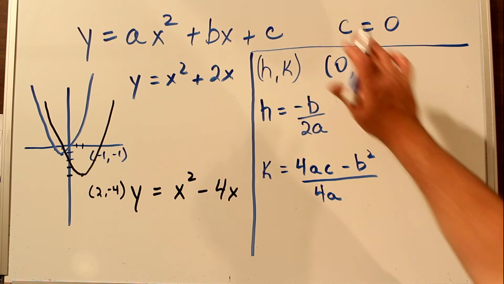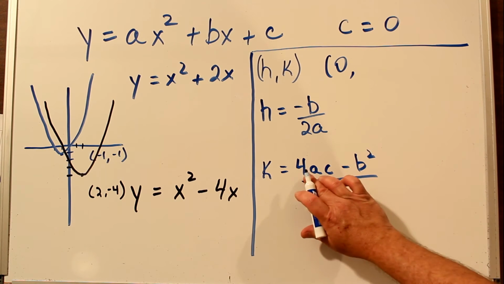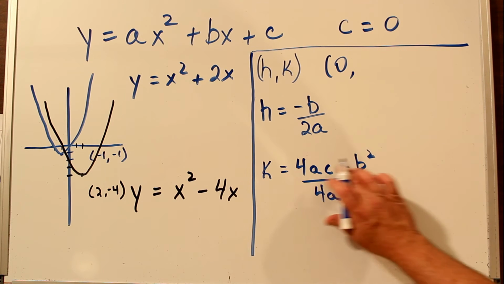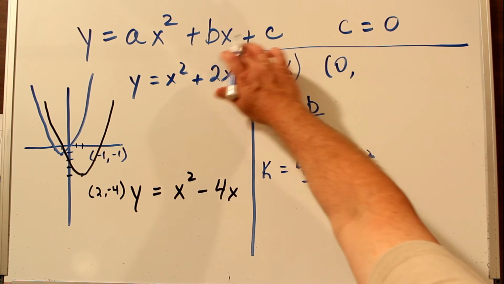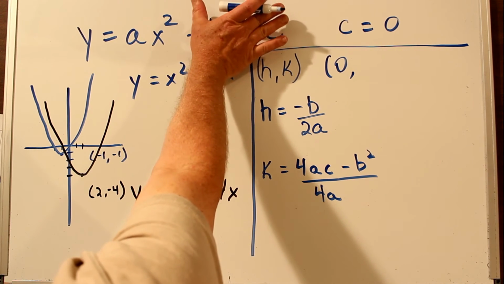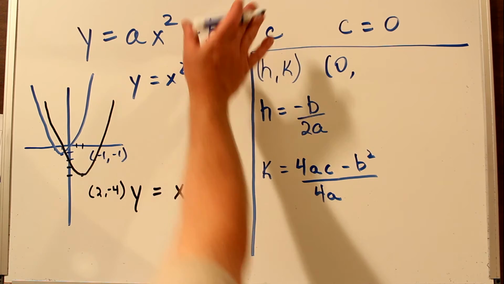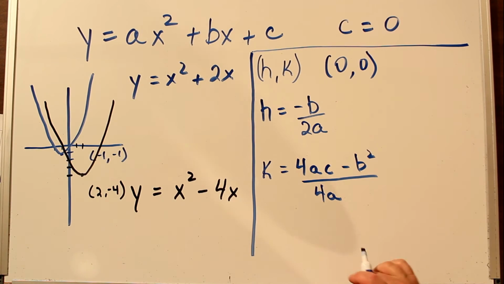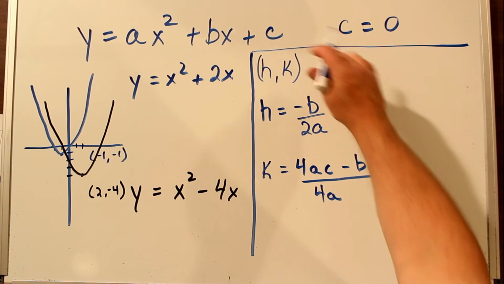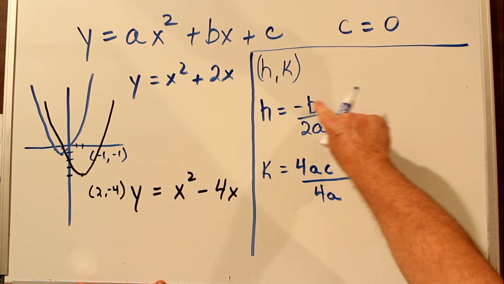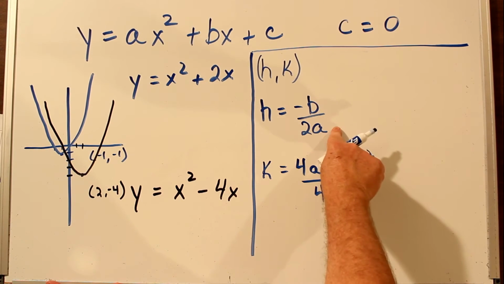And if b and c were both 0, here you've got a 0 in this term and a 0 in this term, so your numerator would be 0. So you're left with just y equals ax squared. You'd have your vertex always at the origin. But in this case, we're looking at just c equals 0. So c equals 0 doesn't affect our h equals minus b over 2a.